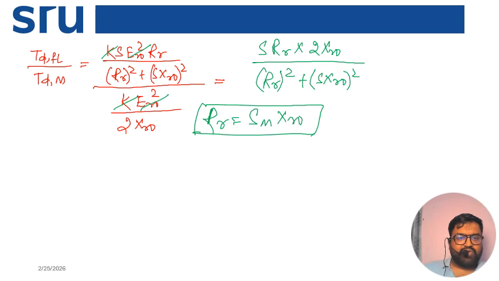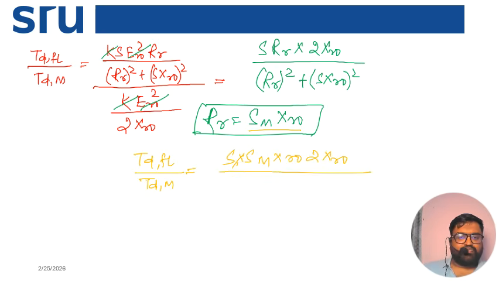If I write, in place of RR, this one, then what do I get? TD full load divided by TD maximum condition, that is S into SM into XR0, into 2 into XR0, divided by SM into XR0 whole square plus S square XR0 whole square.